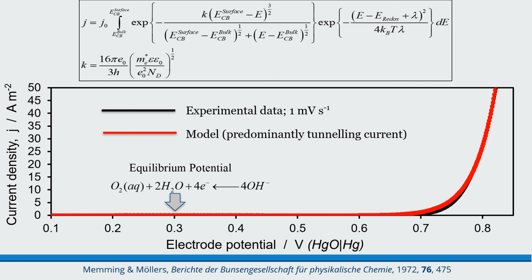So the task ahead for us is to gather a body of experimental data for dark currents measured under different conditions, different pHs and electrodes of different doping densities, to see if we can prove the reproducibility and the applicability of our model.